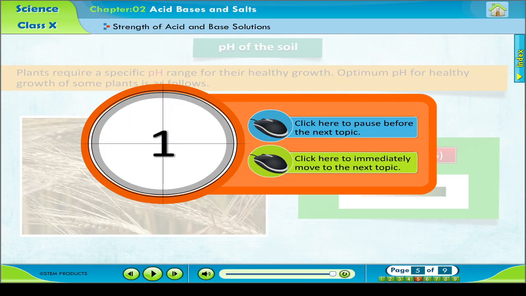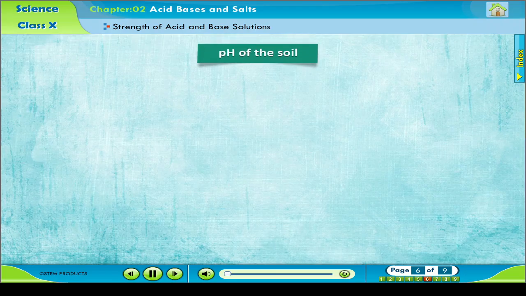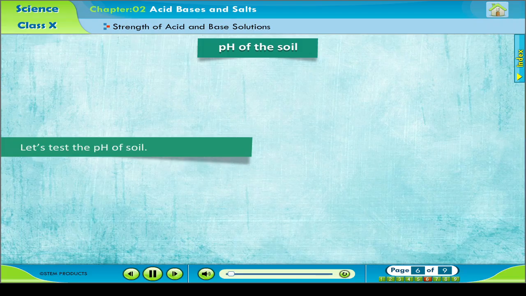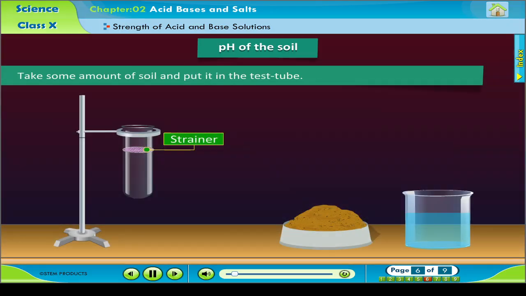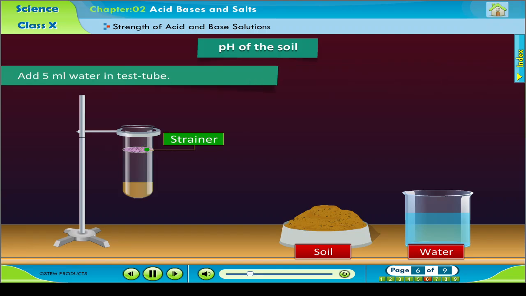pH of the soil. Let's test the pH of soil. Take some amount of soil and put it in the test tube. Add 5 ml water in the test tube.